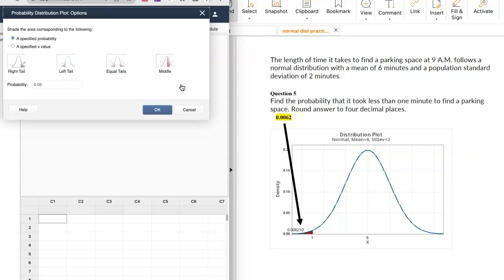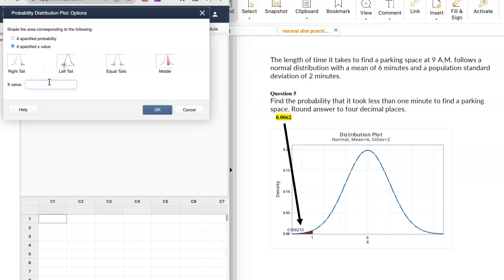If you click Options, you want to know the probability. We don't have the probability. We're given a value of 1, because it's asking for the probability that it took less than 1 minute. So we're given a specified x value of 1, and we want less than 1 minute.